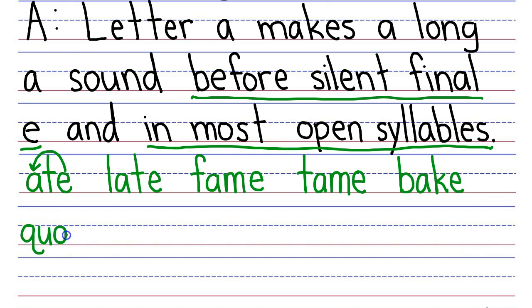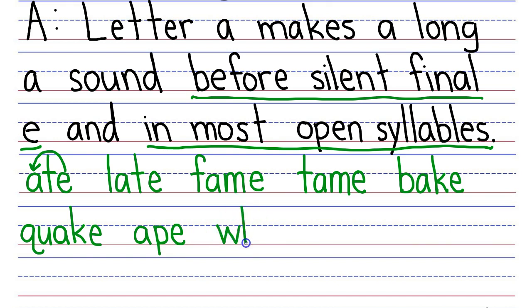We have an A that says A, a K that says K, and a silent final E. Qu, A, K. Next word, ape. We have an A that says A, a P that says P, and a silent final E. A, P. Next word, whale.